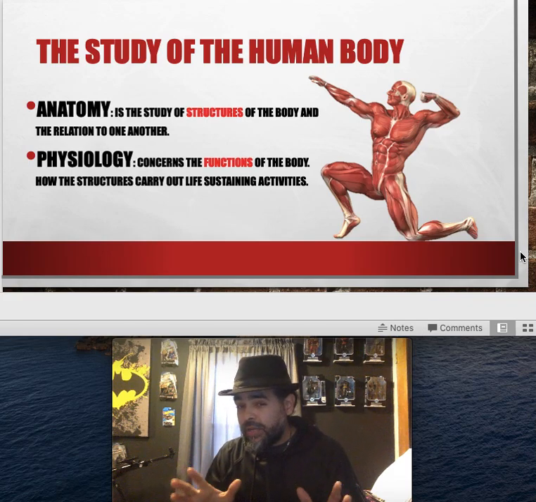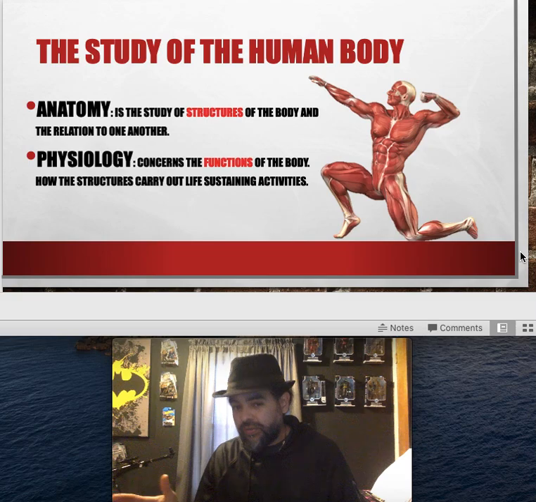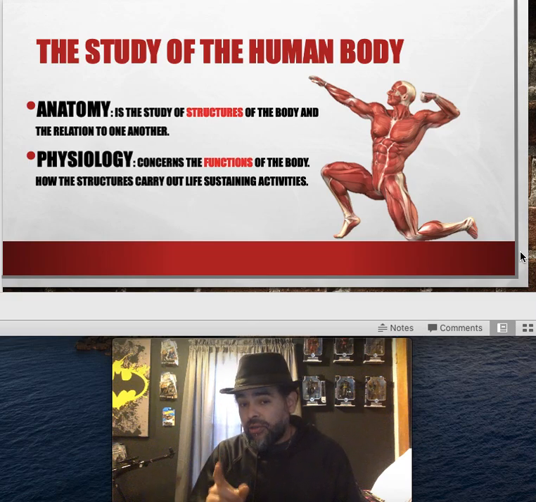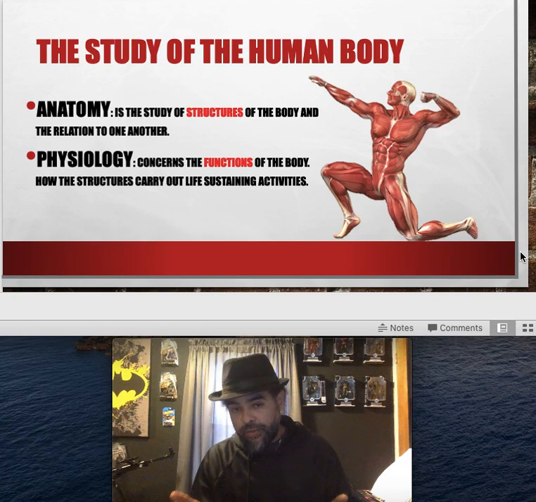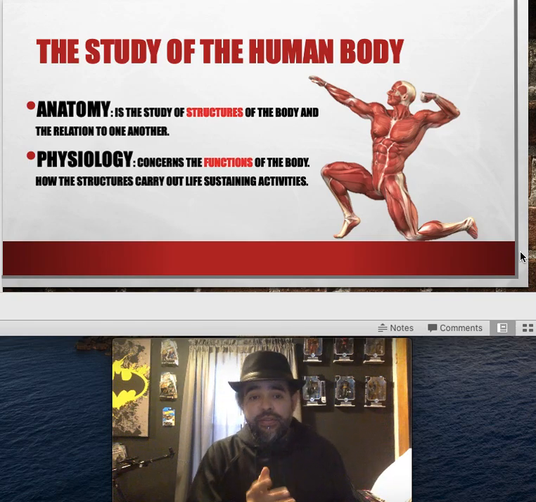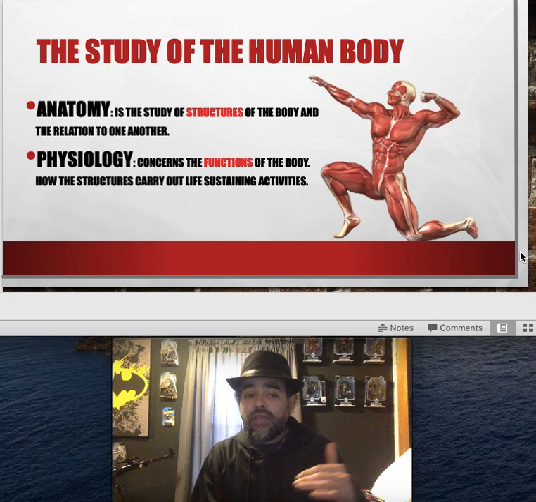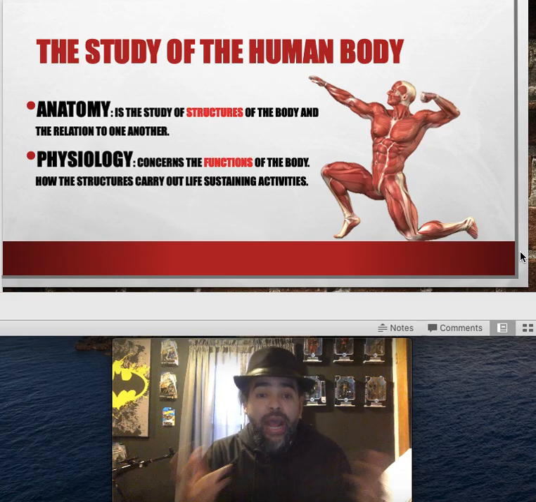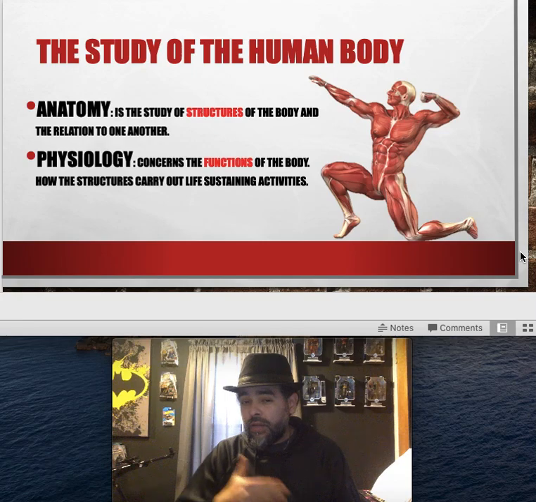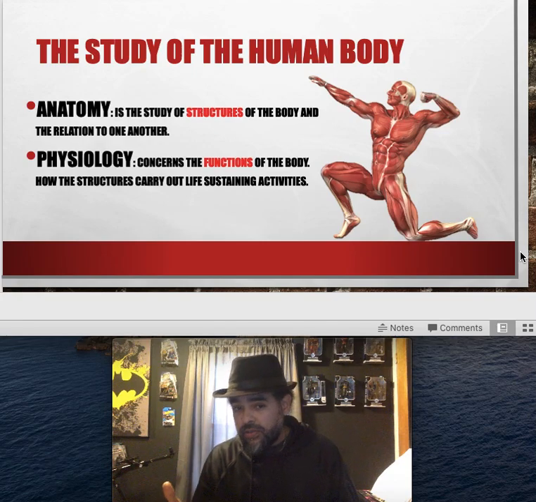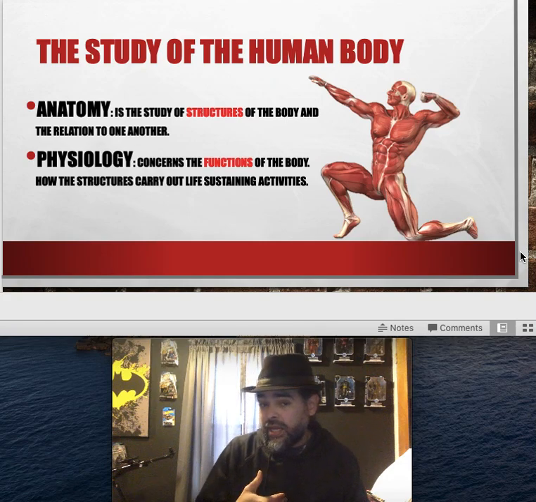We are pretty much studying the names of the structures of the body and learning how they relate, or how they are important for other structures of the body. On the other hand, physiology concerns the functions of the body, or how the structures carry out life-sustaining activity. So in other words, physiology pretty much works with the functions of those organs and how those functions are important for us to maintain our life.